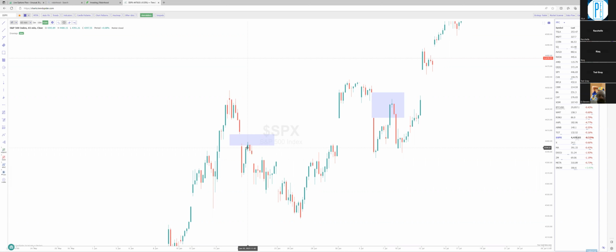Wicks are good, that's showing rejections. What else? A double top, bearish candles. Basically, you just want to see anything bearish. I call it bearish context. You want to see double tops, head and shoulders, anything, and then that will position you for your trade.